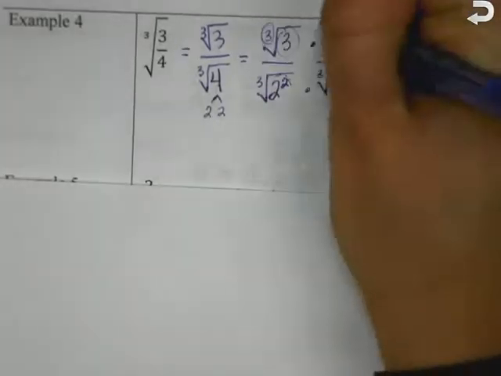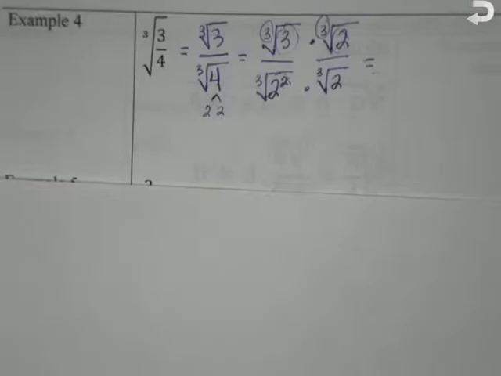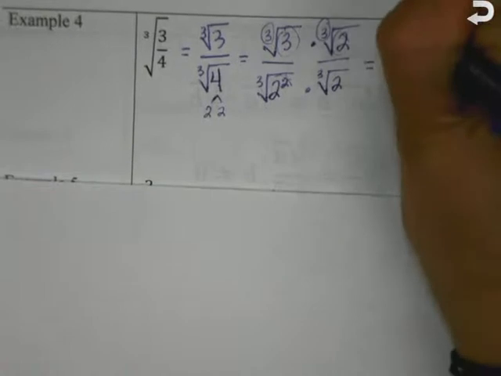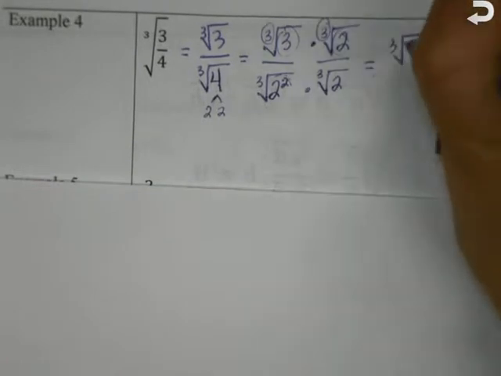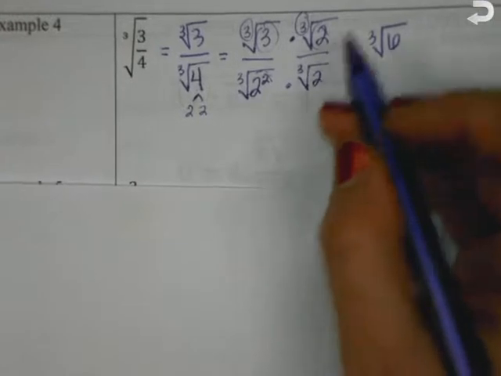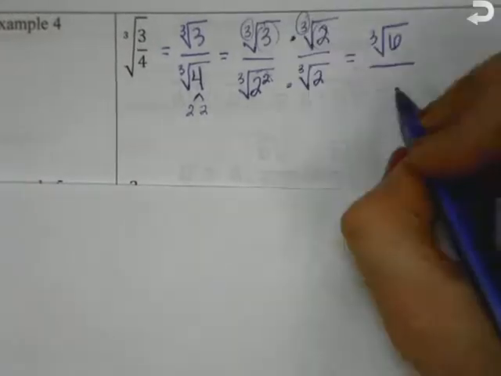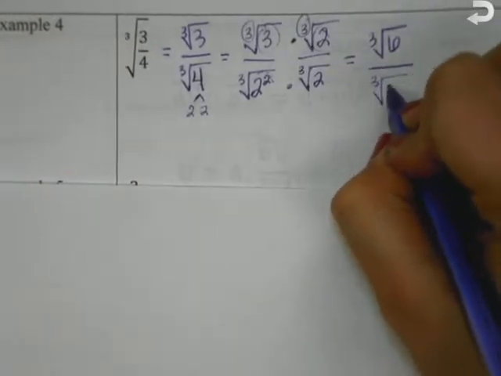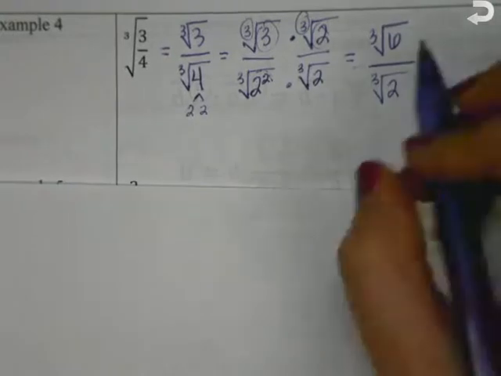So this is going to be the cube root of 6, 3 times 2, all over the cube root of 2 to the third. 2 squared times 2 gives me 2 to the third.